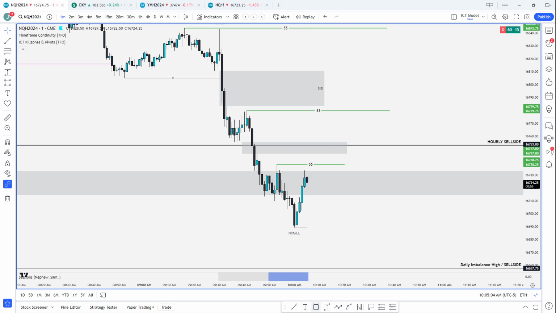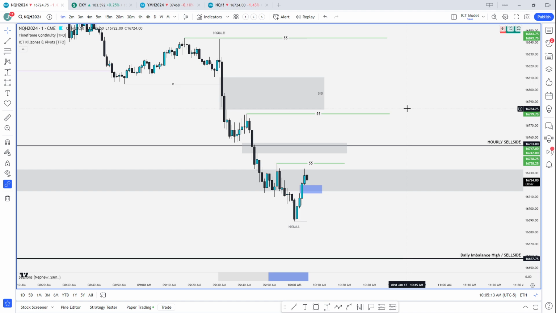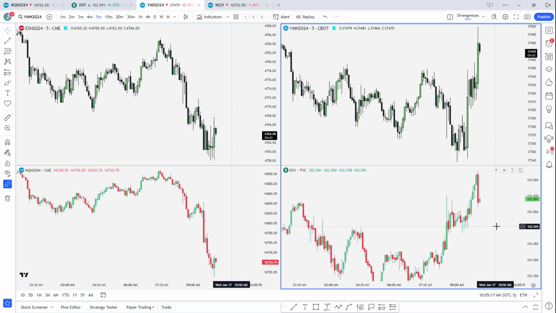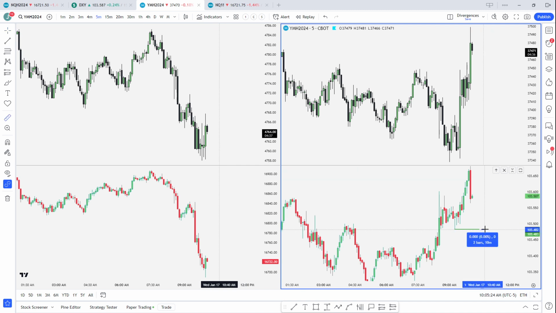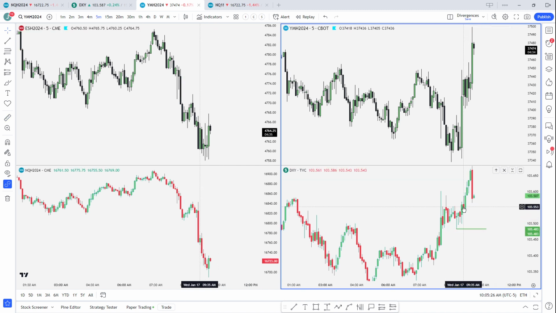Or right now. Tiny imbalance here too. I just don't know how much DXY is going to drop off. We need it preferably to pierce this low. That would be the best case scenario. We just tapped off an order block there.